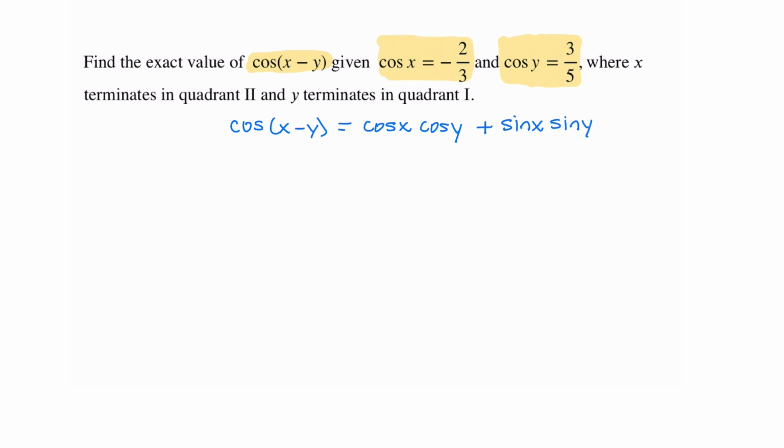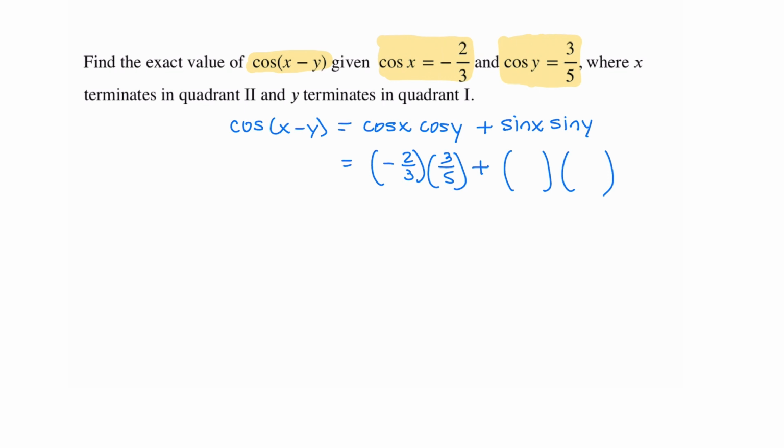Now we need to find the values of sine x and sine y because we were given the values of cosine x and cosine y. So I'm going to fill those in here. This is negative 2/3 times 3/5 plus some value times some value.